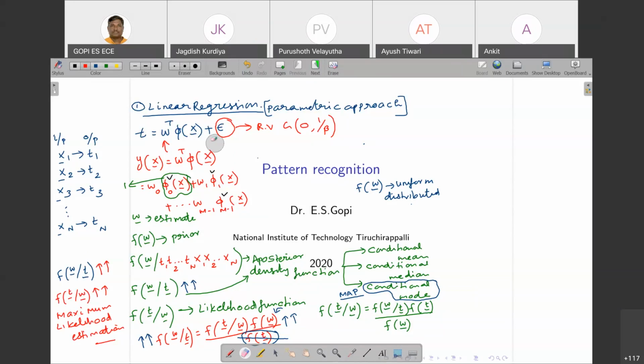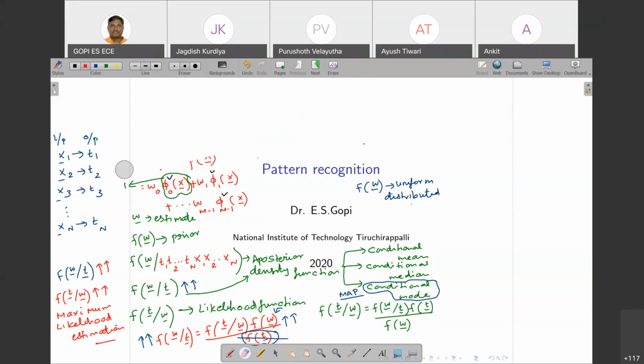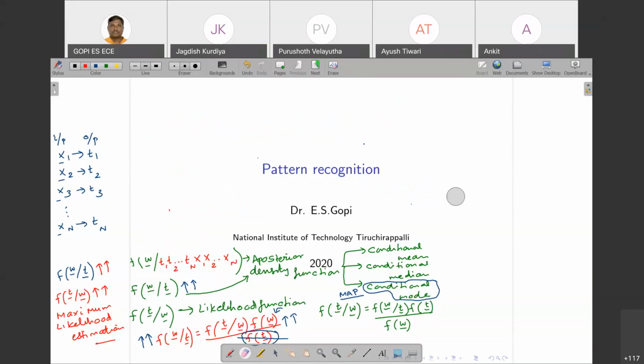f of t given w is not simple, because t is modeled with epsilon, right? Let us say t1 is y of x1 plus epsilon.